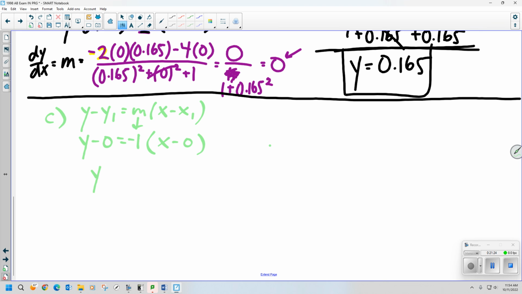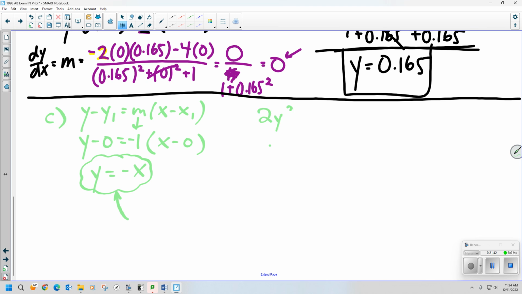So y equals -x. This is going to come in handy. Now I need to find the actual point on my graph where y is going to equal -x.